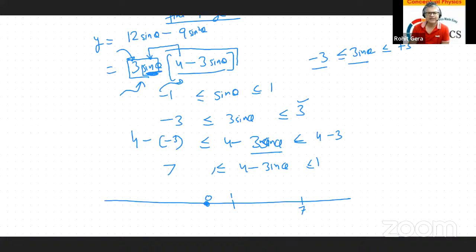The number 4 minus 3 sin theta is less than 7 and greater than 1. इसमें तो ओवरलैप ही नहीं है कोई. और ये वाले में there has to be an overlap too.